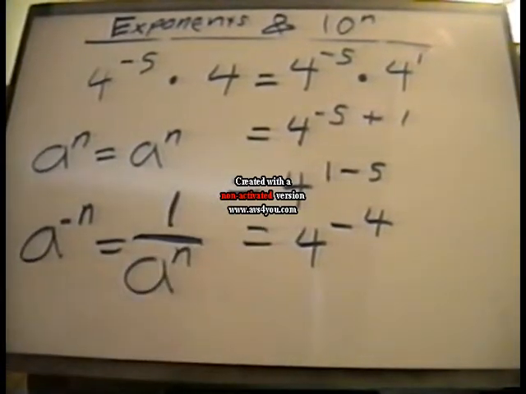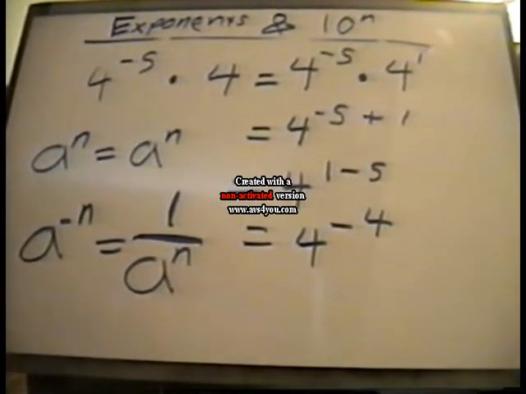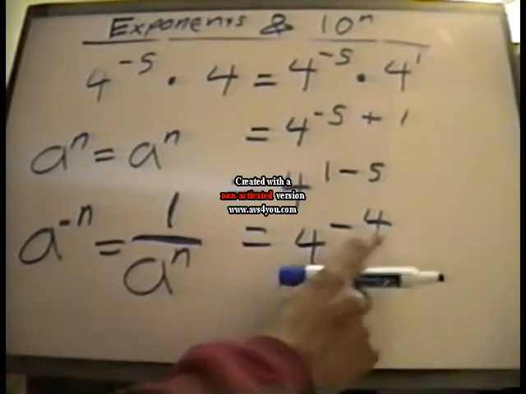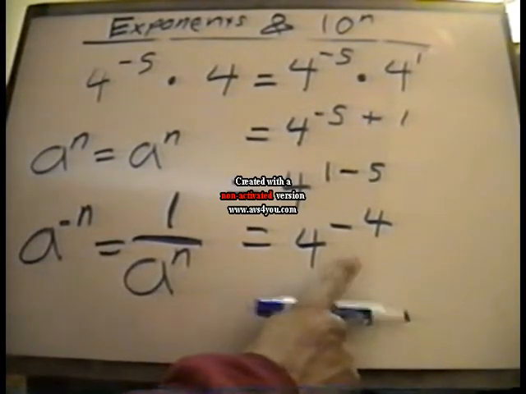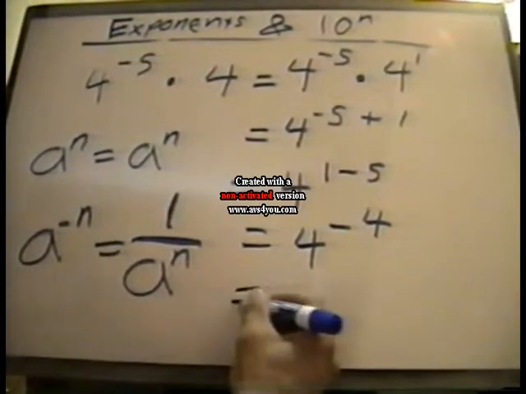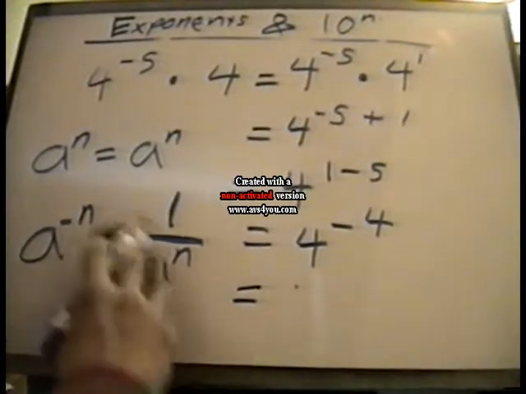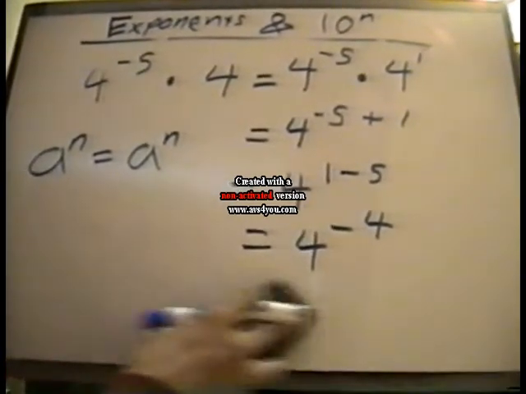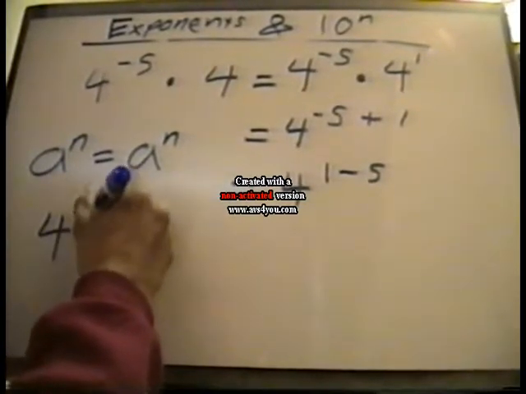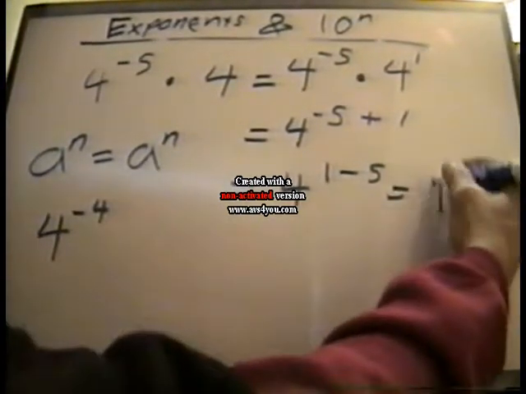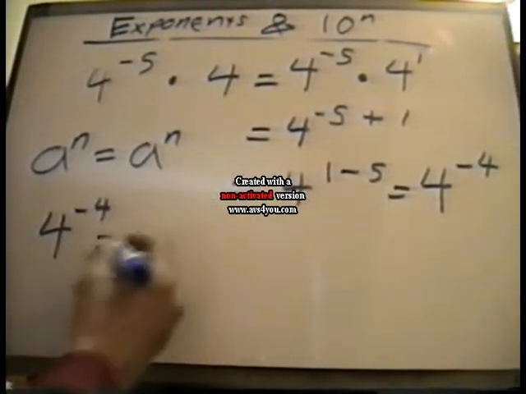And we're going to apply this reasoning to 4 to the power of -4. So 4 to the power of -4 is equal to 1 over 4 to the power of 4.